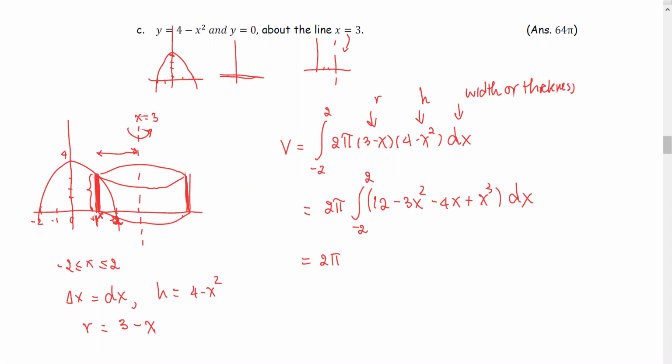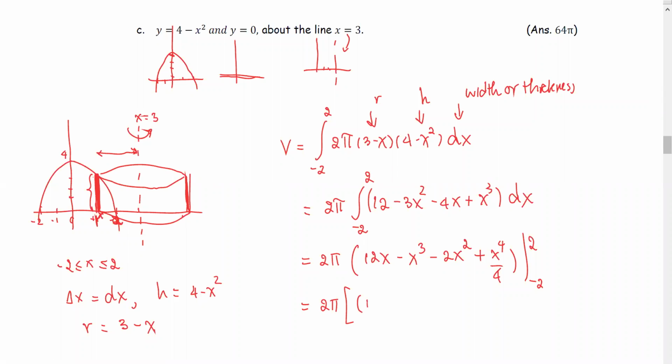Find the antiderivative: 12x minus x to the third minus 2x to the second plus x to the fourth over 4. Evaluate from negative 2 to positive 2.